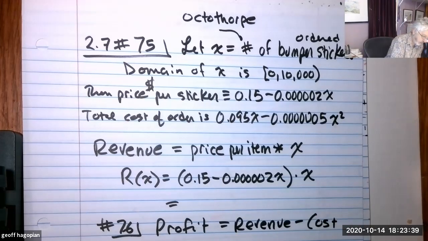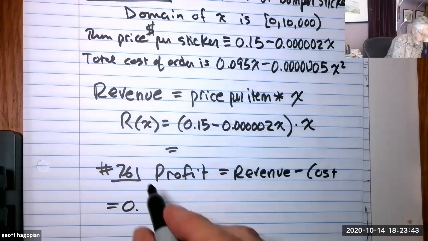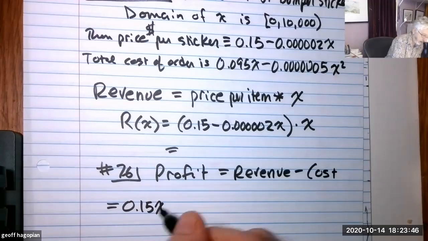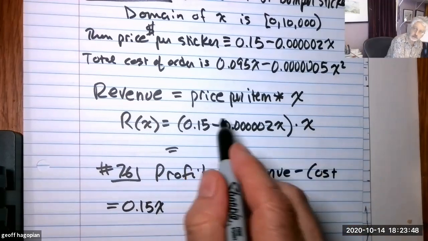So we'll have 0.15x, because we're distributing this x over these two terms here.